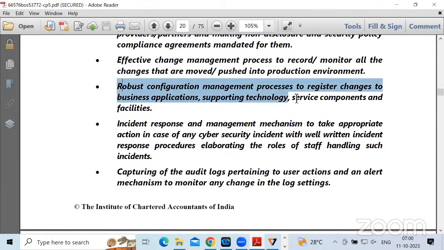Then robust configuration management process to register changes to the business application supporting technology, service components, and facilities. So configuration management is very simple. See, you are buying a cycle, let us assume.